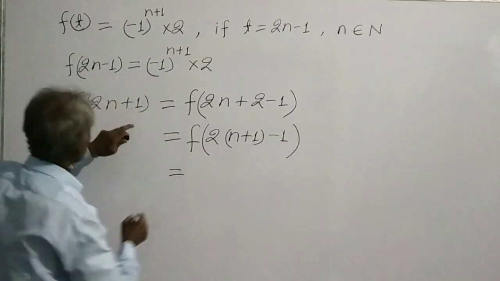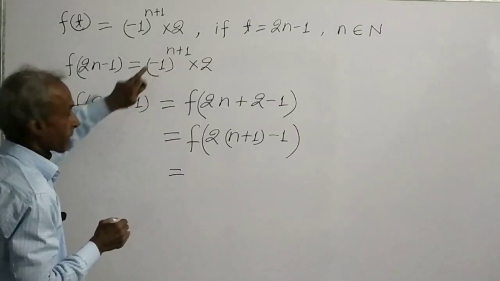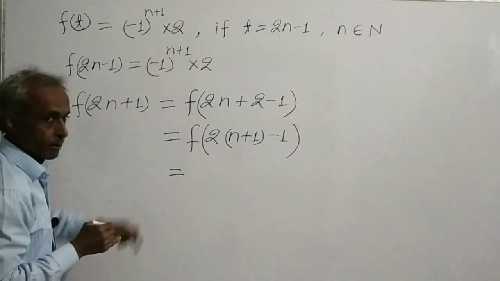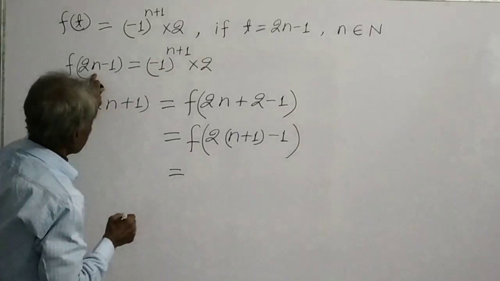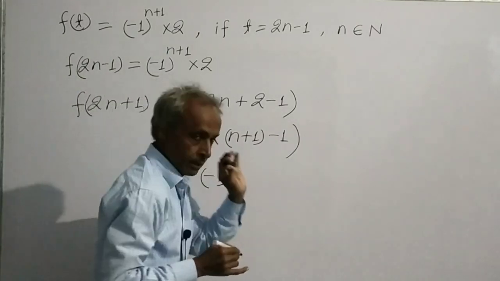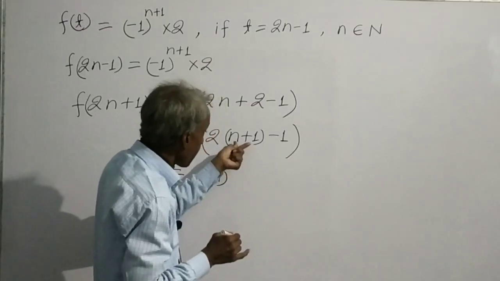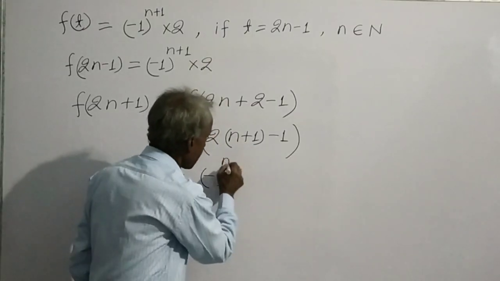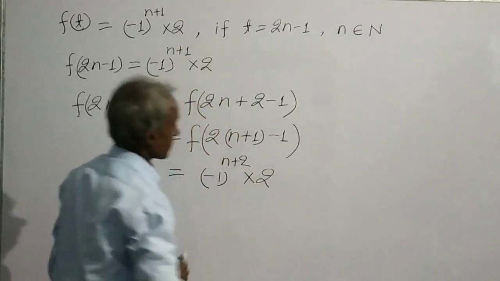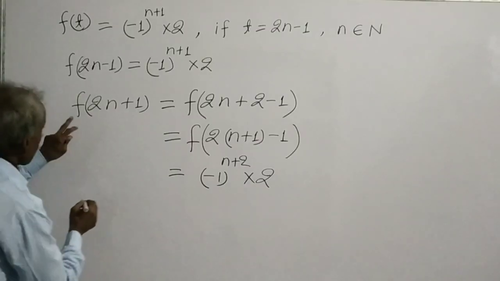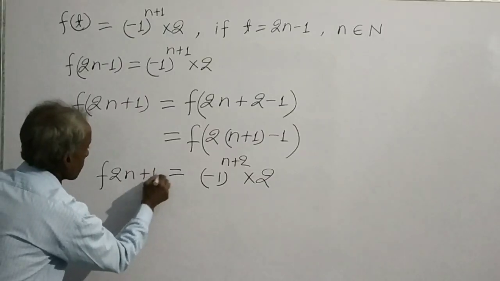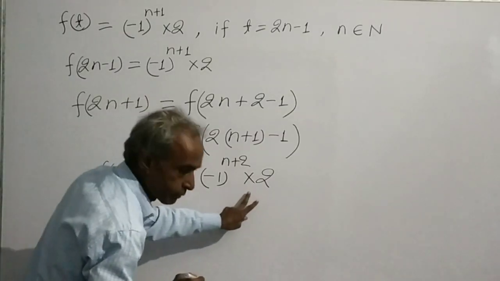Therefore, its value will be minus 1 to the power of the number next to this natural number n, 1 greater than this natural number n, that means (-1)^(n+2) times 2. That means the value of f(2n+1) will be equal to this.